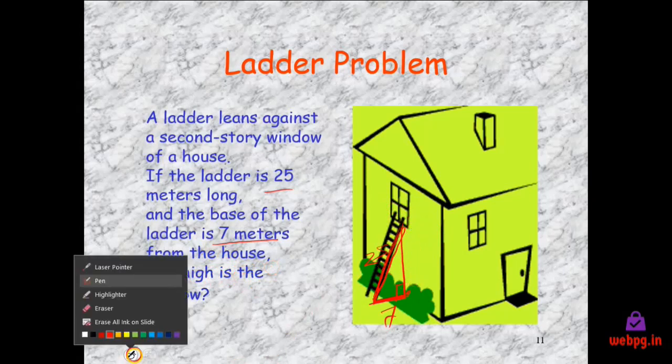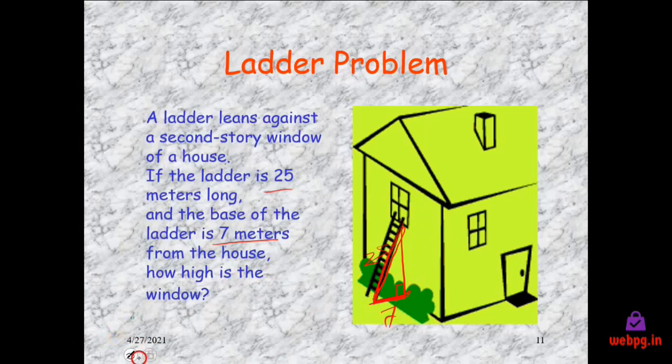Now you have to find the height of this window from the base, using the Pythagoras theorem. The Pythagoras theorem says that c square equals a square plus b square, and which is our c?